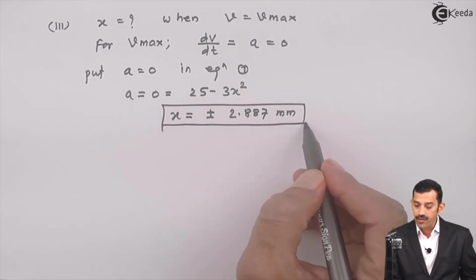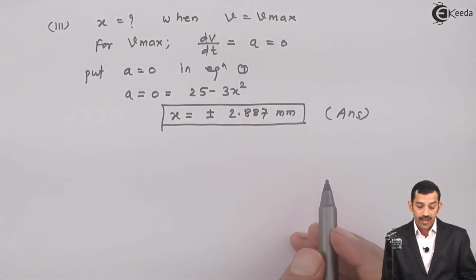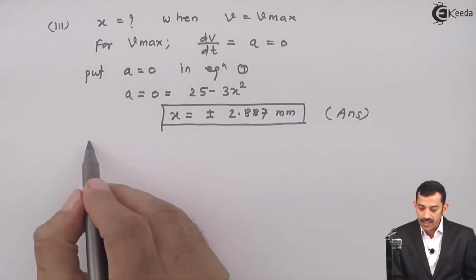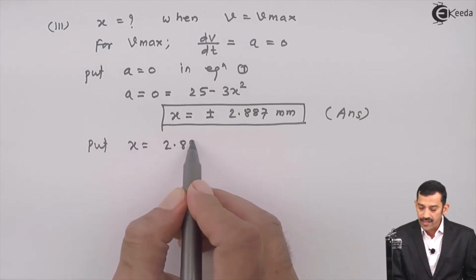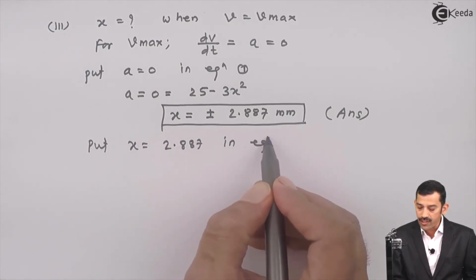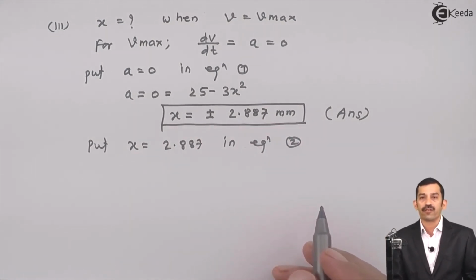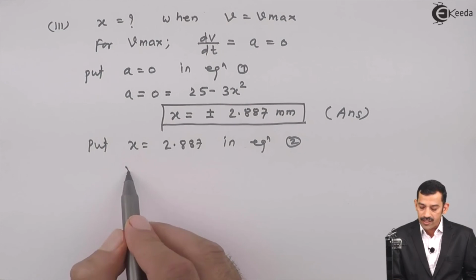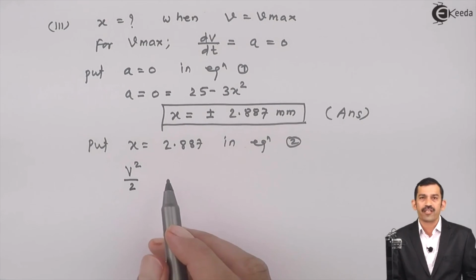But in this third part, the problem asks to find the position when velocity is maximum and the corresponding maximum velocity. That means this x value we substitute in the equation of velocity, equation number 2, putting x = 2.887, because equation number 2 is the relation between velocity and position. This is v²/2.